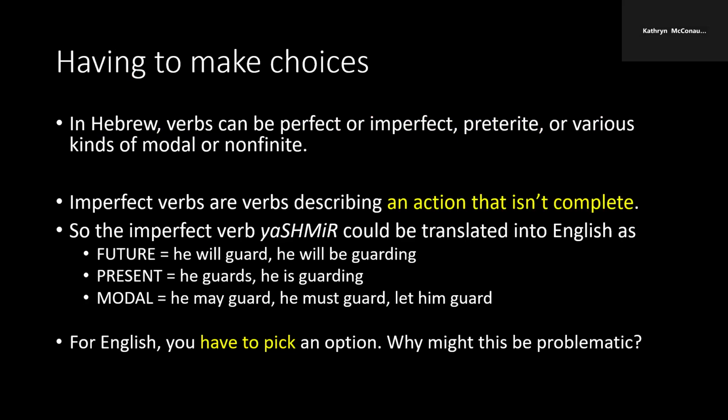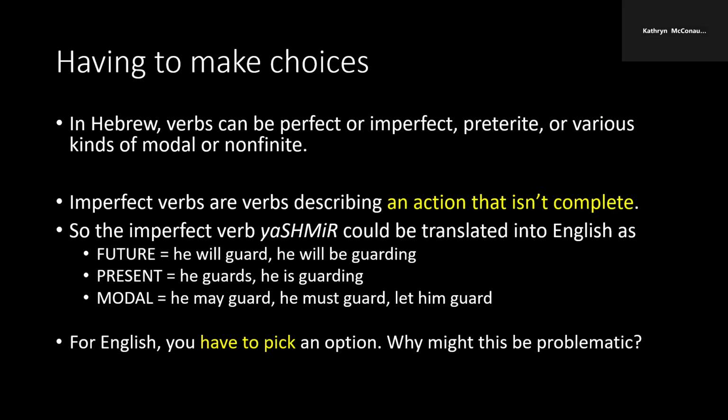There are also changes you have to make in terms of how you handle meaning. So we know, for example, that in Hebrew, verbs can be perfect or imperfect, preterite, various kinds of timeless verb forms, modals, imperatives, infinitives, these kinds of things. But these don't necessarily map onto English verb forms terribly well, which means that you have to make choices.